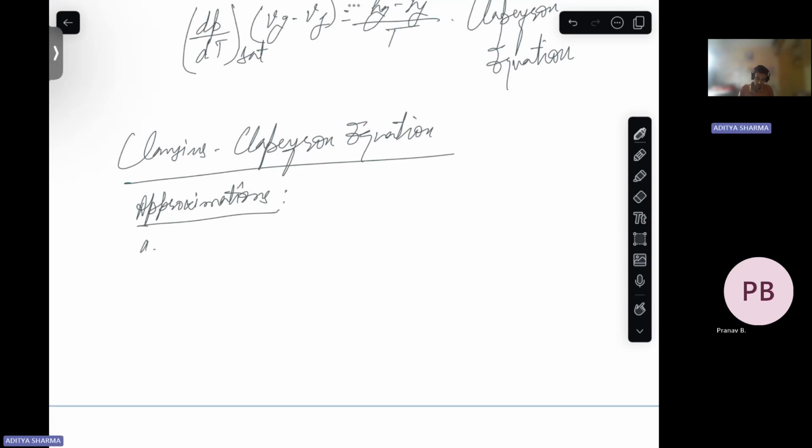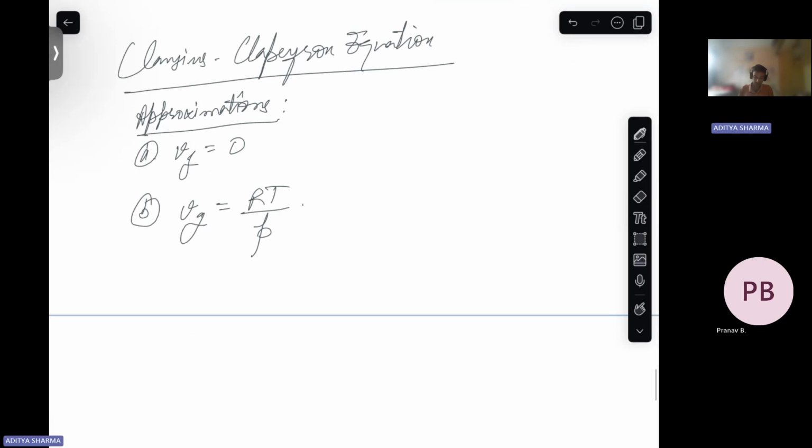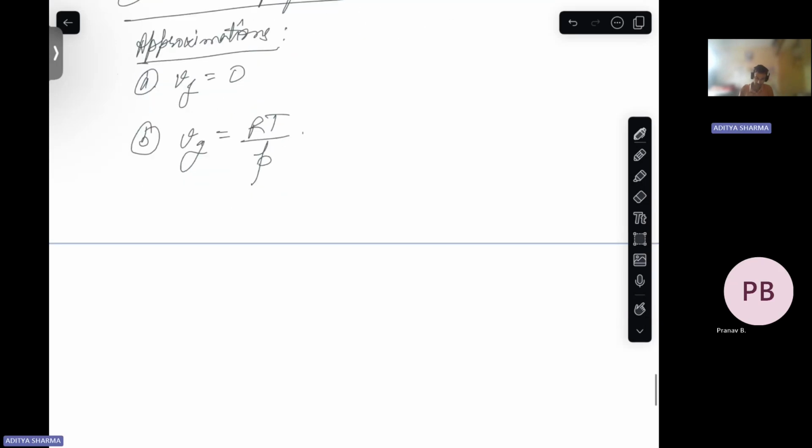One is that the specific volume for the fluid is zero, and then the specific volume for the gas can be treated using the ideal gas equation, considering the pressure is very low. In that case, what do we get?